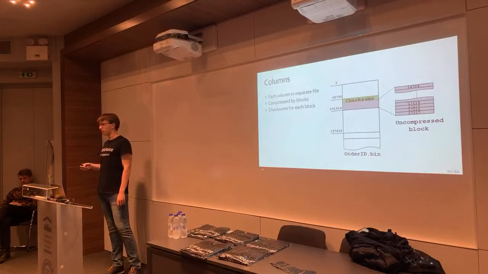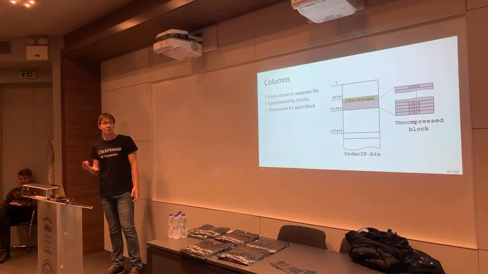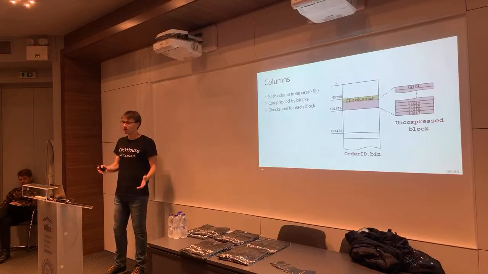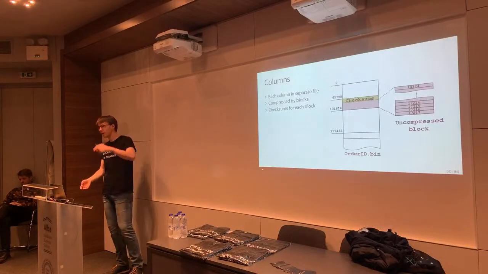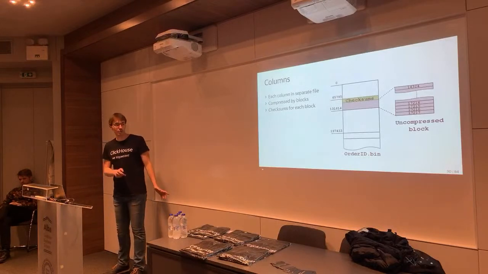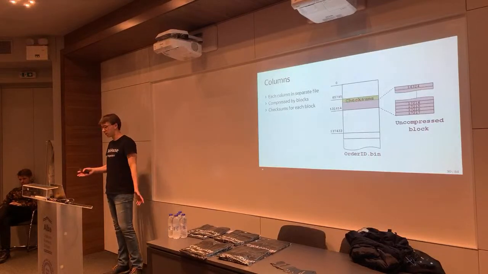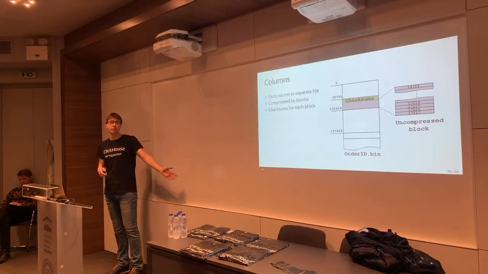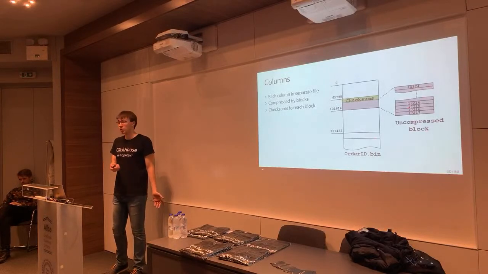So if ClickHouse is able to read your data from your columns, you can be completely sure that your data is not corrupted, because we have checksums not only for whole column files, but also for compressed blocks in our columns. It is a very good property. And of course, if you uncompress this block with the LZ4 algorithm, you will see just your data stored in this block. For order ID, you will see these numbers.